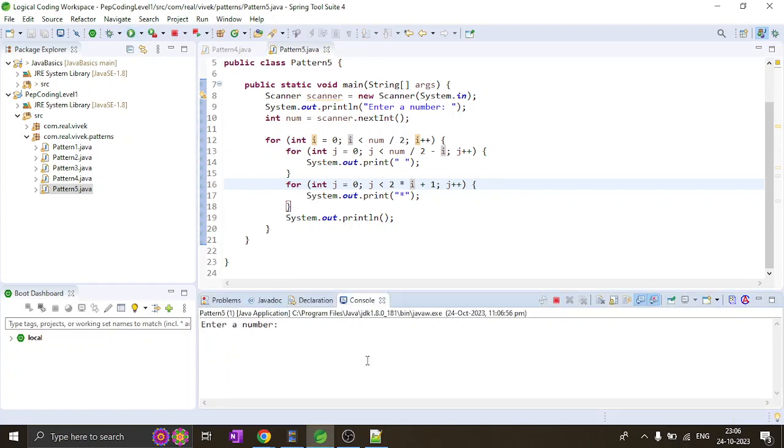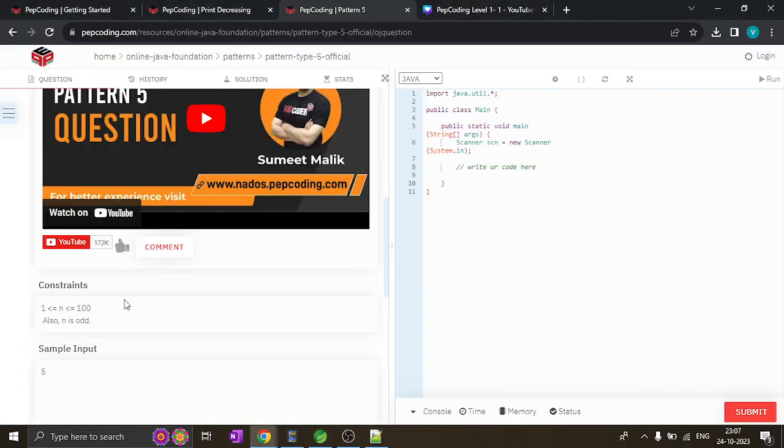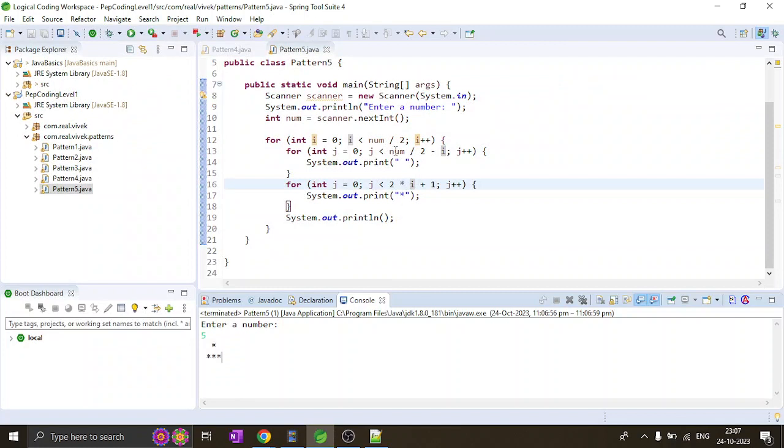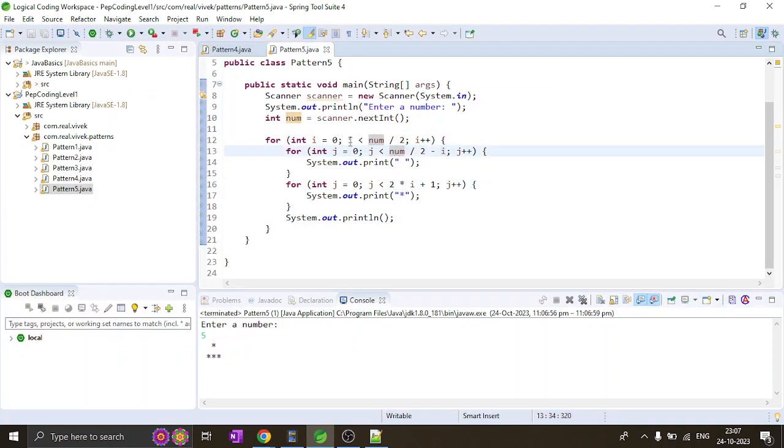Let's see for 5. Yeah, but it did print only the first two ones, right? We want the third one also. So we'll have to give the equals condition here to achieve that.